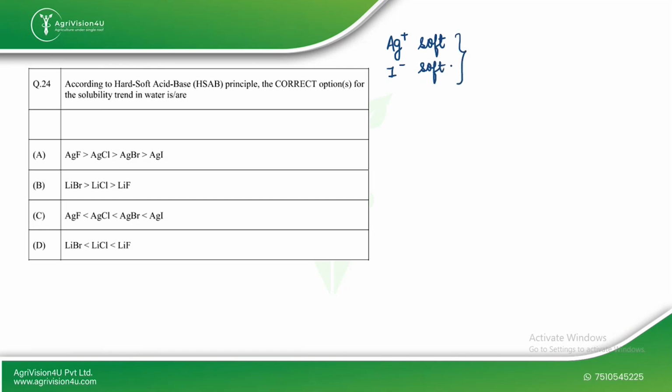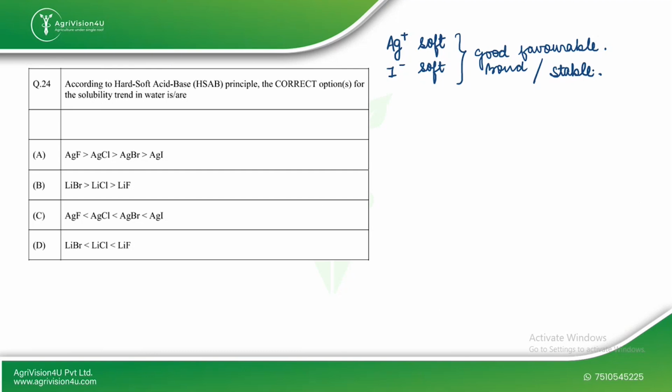So the soft ones will form a good bond. They will undergo good covalent bond formation, or basically a good and favorable bond formation will take place.